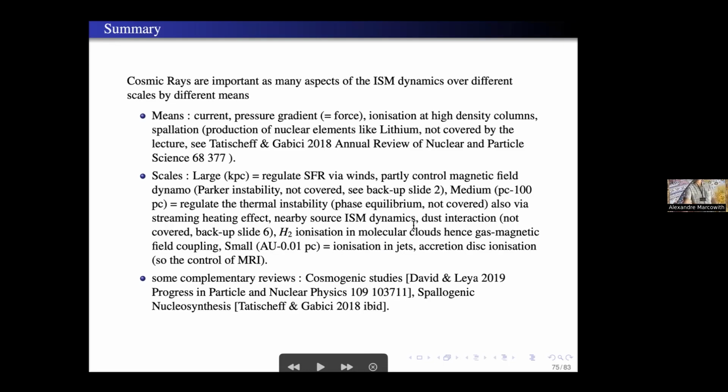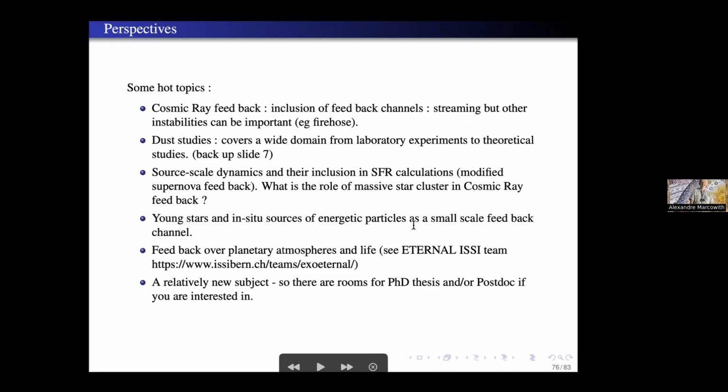There are a lot of aspects I did not treat. I put some old topics here. As it is a new subject, it's widely open, and it's moving in all directions. It's difficult to follow. I just want to mention that with this Europlanet EC team, I organized a meeting two or three weeks ago where the PI of this EC gave a talk about the impact of energetic particles over planetary atmospheres.